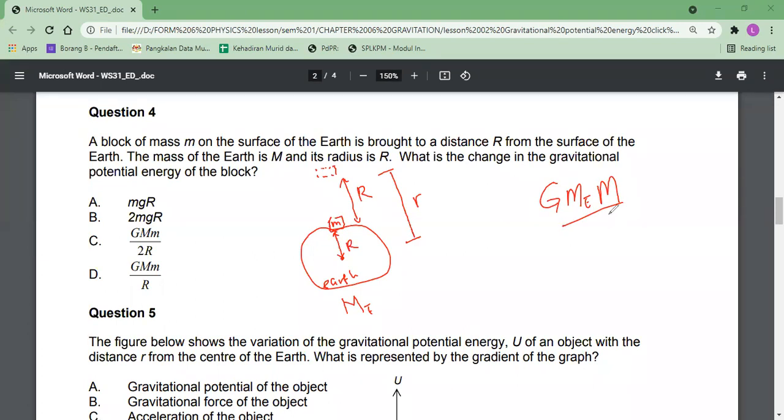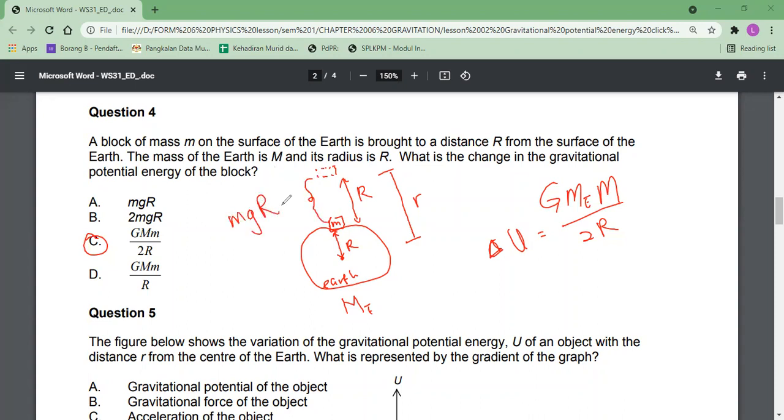Over the total distance. The total distance will be equal to 2r. Okay, so this will be the change of the gravitational potential energy. So in other words, this is correct, right?